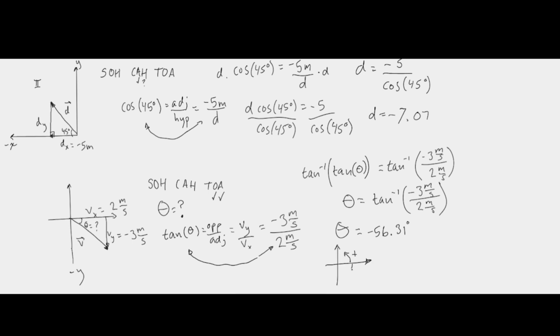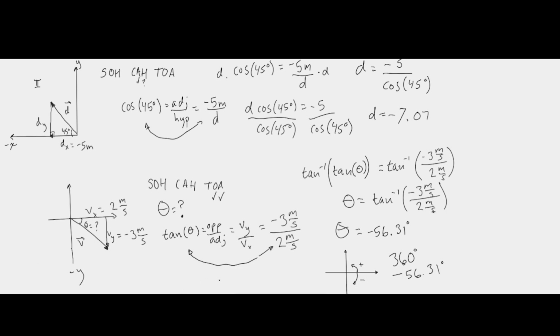So what does that mean? Positive angles go counterclockwise around the coordinate system. Negative angles go clockwise. So this is negative angles here. So negative 56.31, if this entire revolution is 360 degrees to make one revolution around a circle, then to find the positive equivalent of this angle, I can take 360 degrees minus 56.31.